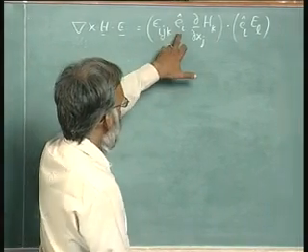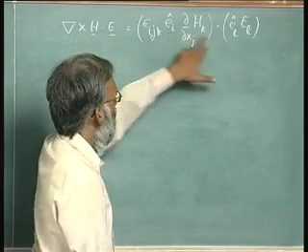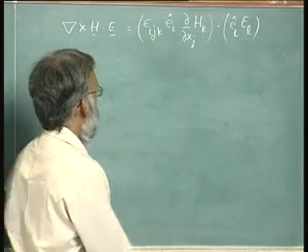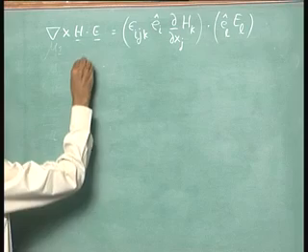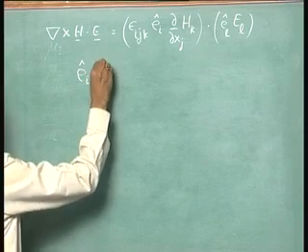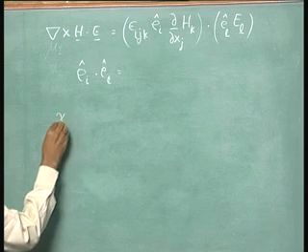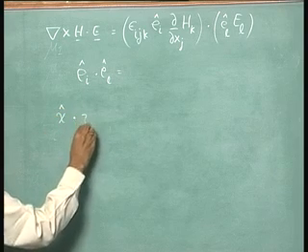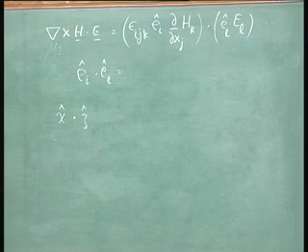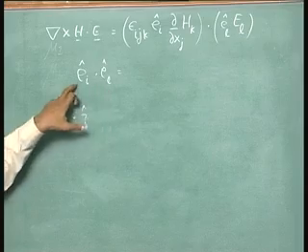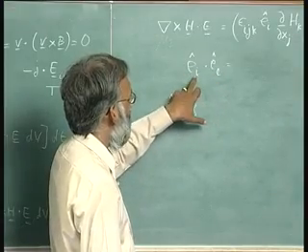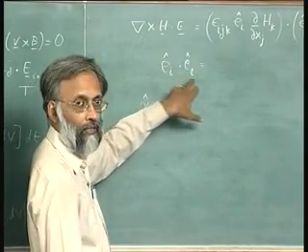Now, e I dot e L, let us look at that. This is like saying x hat dot z hat. So, e I dot e L is 0 unless I and L are the same number.